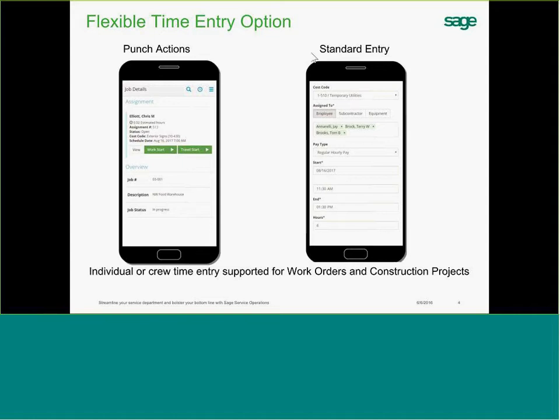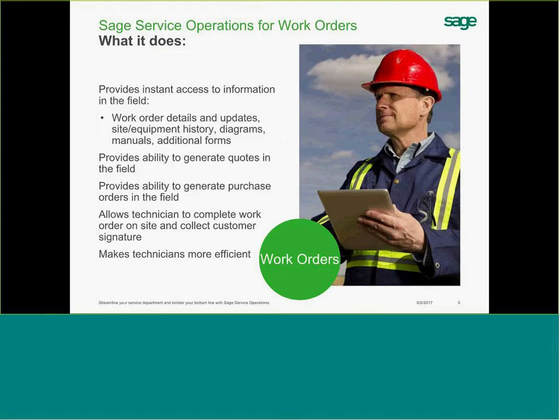Or we can use what we call standard time entry, which is basically the ability to enter the job or the work order and the quantity of hours performed at that task. We can support both standalone individual time entry, so if I'm a crew member, I can only enter time for myself, or we can support what we call supervisor time entry, whereas one individual with a license could enter time for 20 people.